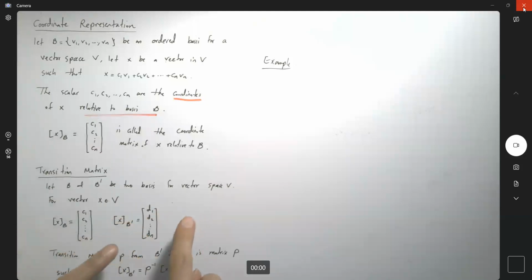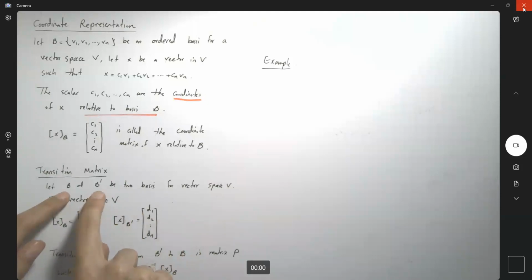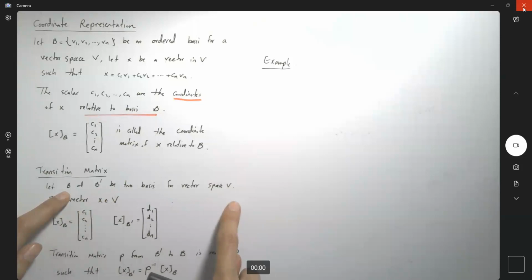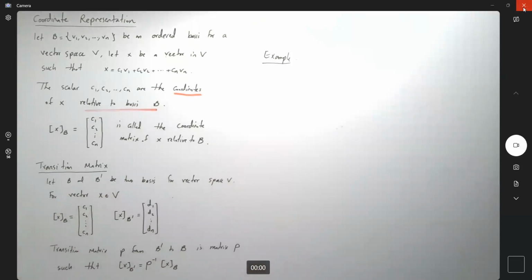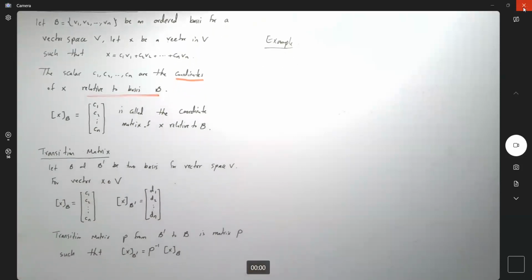Now, if you have two bases, B and B prime, for vector space V, and you're trying to find a relation between the coordinate matrix of x relative to B and the coordinate matrix of x relative to B prime, we're introducing a new concept, the transition matrix.